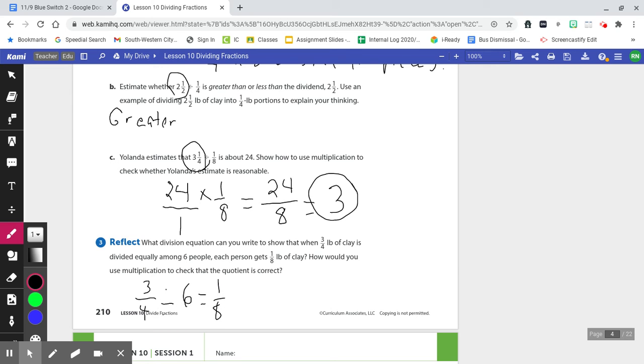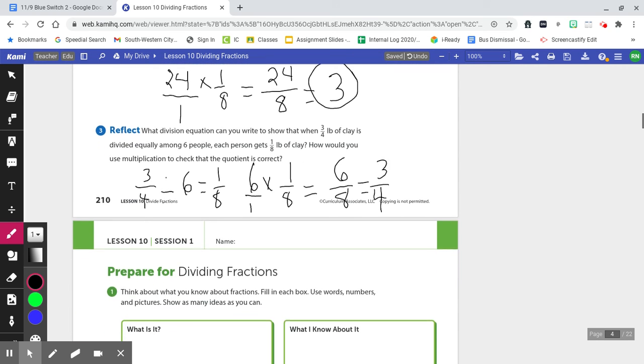I'm going to see if that's correct because I'm going to do 6 times 1/8. Remember that's 6/1. That gives me 6/8, which is equivalent to 3/4. So you can copy that down. And then turn to the next page.